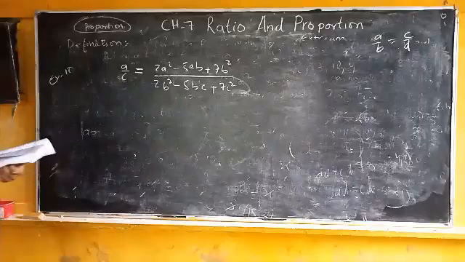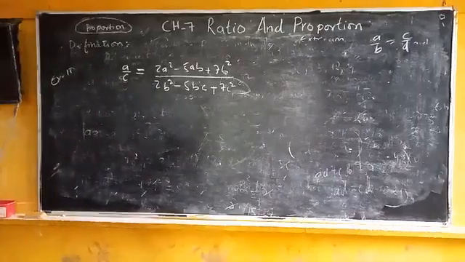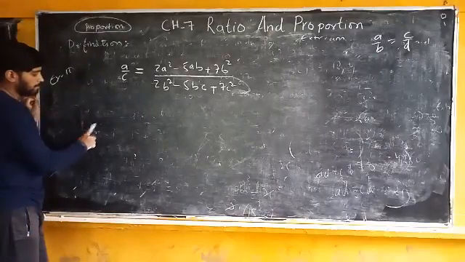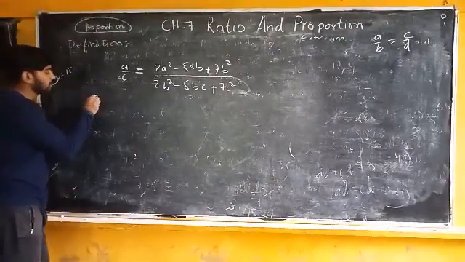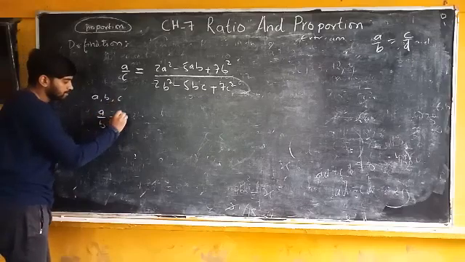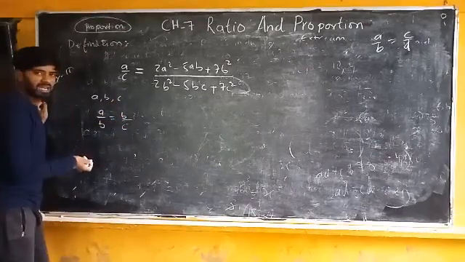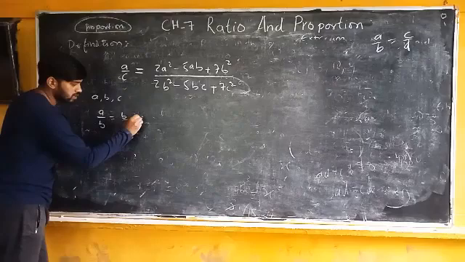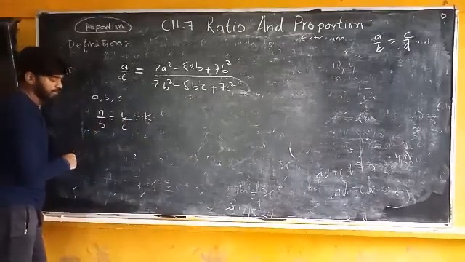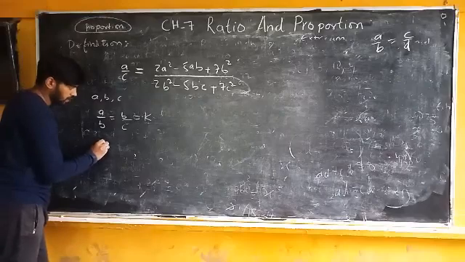Okay, this is what I have to prove. Now they have given that A, B and C are in continued proportion. So I'll play around with what is given to me. A, B and C are in continued proportion. How can I write? This is how I can write the continued proportion, equals to, let's say K. I'll find the value of A. What will the value of A be?